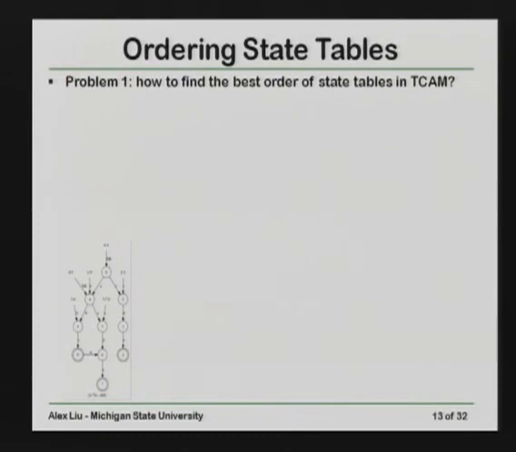First of all, let's see how to order the state tables. We want to find the best order for these tables in the TCAM, because the order will affect how you encode them and how many entries can be deleted. So we first build a delayed input DFA.